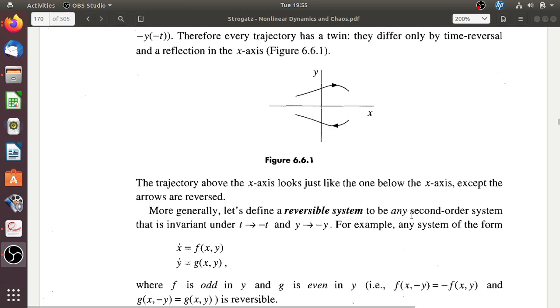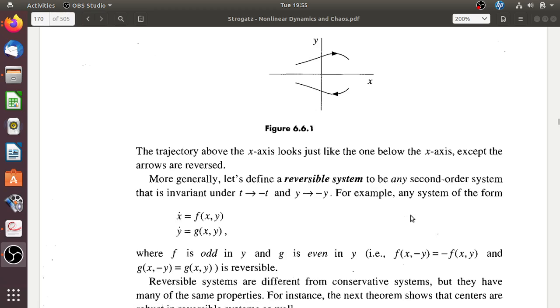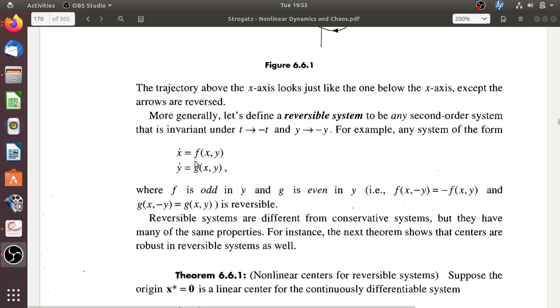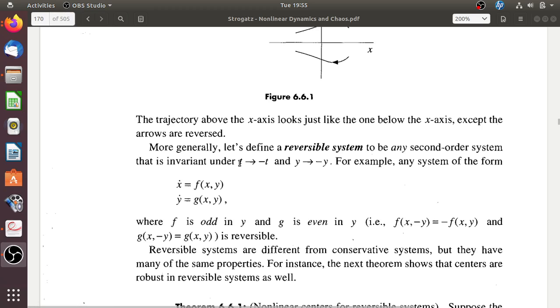So in a general form, if we have a reversible system, all we have to do is change t to minus t and y to minus y, and then see whether this form is unchanged.